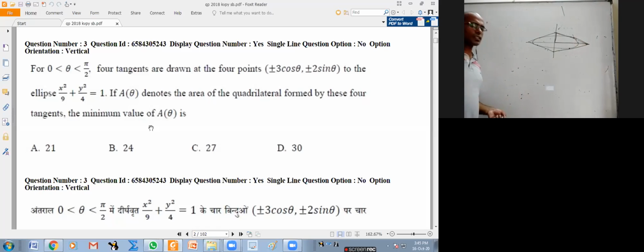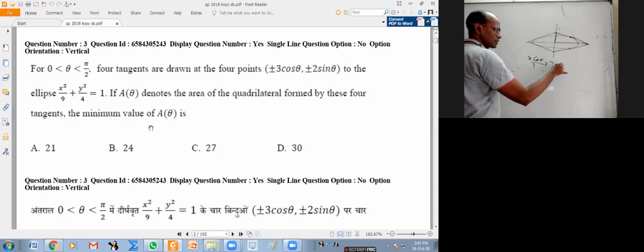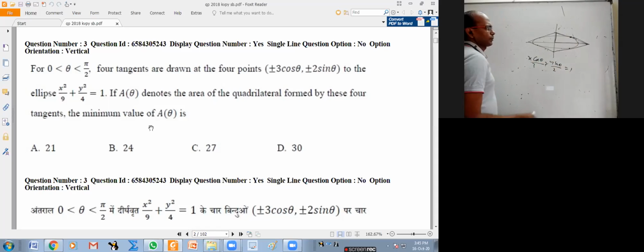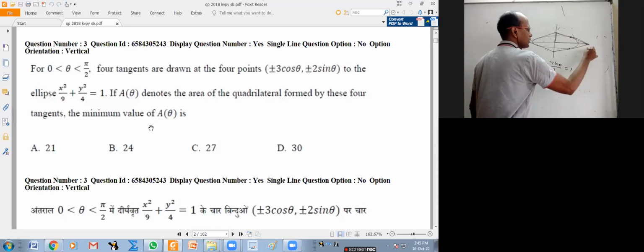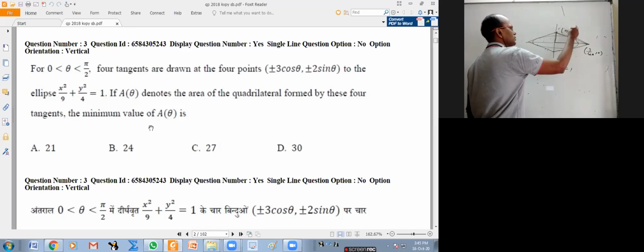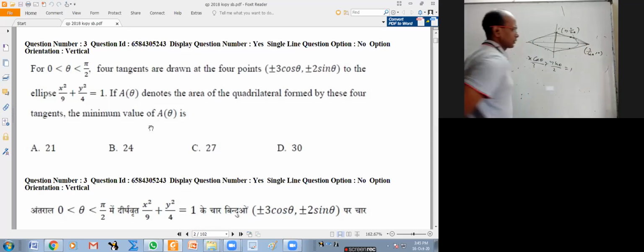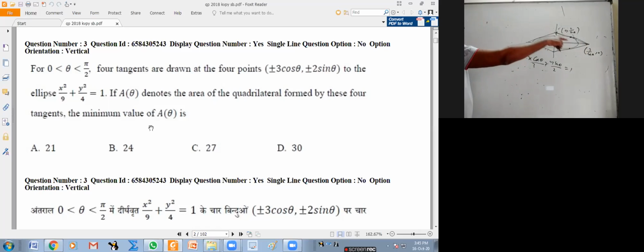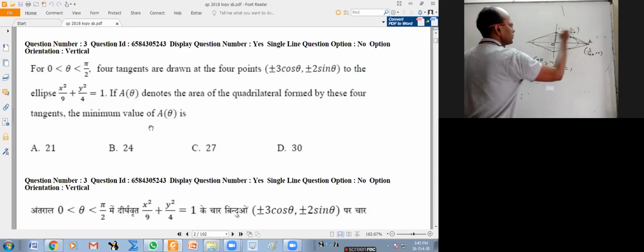When you take a tangent like this, practically it will be infinity. Anyway, the general tangent is x cos theta by a plus y sin theta by b equal to 1. At this, S1 equal to 0 when you do it. You will get x cos theta by 3 plus y sin theta by 2 is equal to 1. What is the x-intercept at this point? 3 by cos theta comma 0. What is this point? 0 comma 2 by sin theta. What is the area of this triangle OAB?